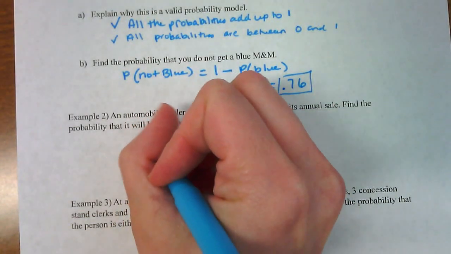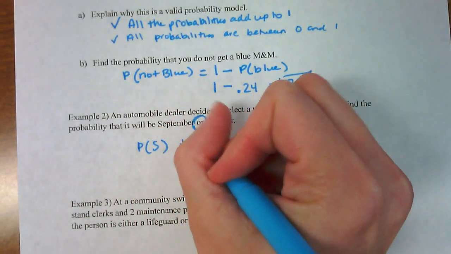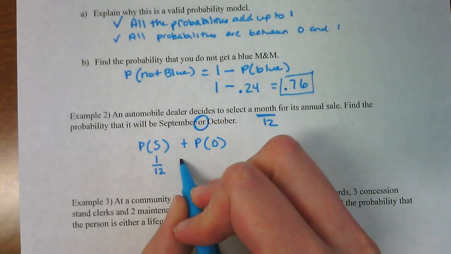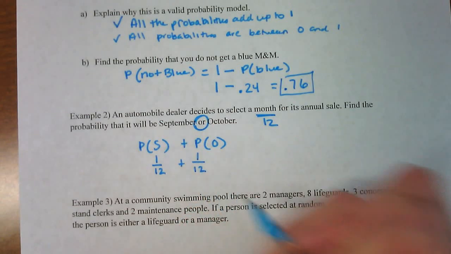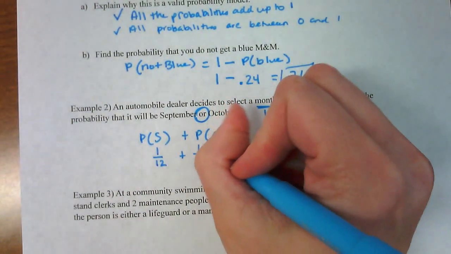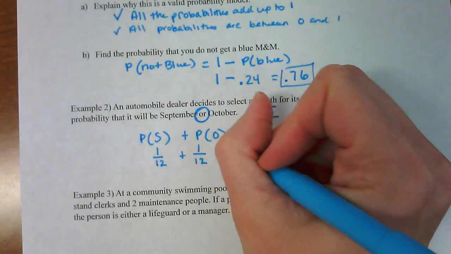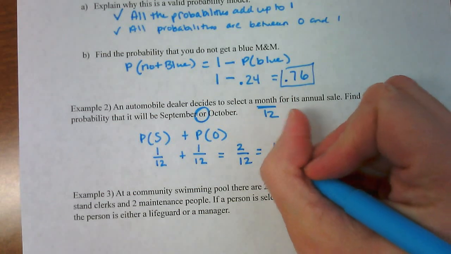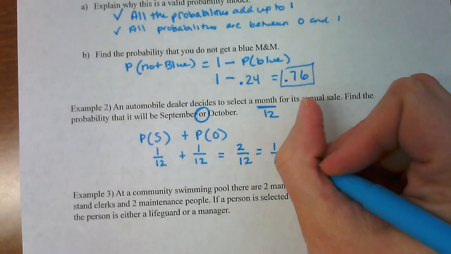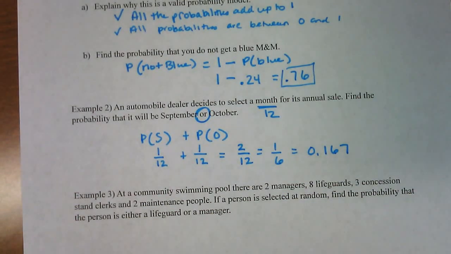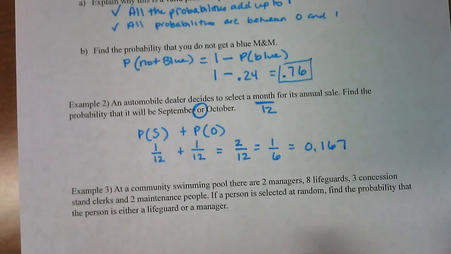One month would be 1/12, and the other month would be 1/12. So I'm going to add them together. When I add fractions, I add the numerators. So I get 1/6, which simplifies to 0.167. Okay, you could use your calculator to add if you didn't know how to add fractions.